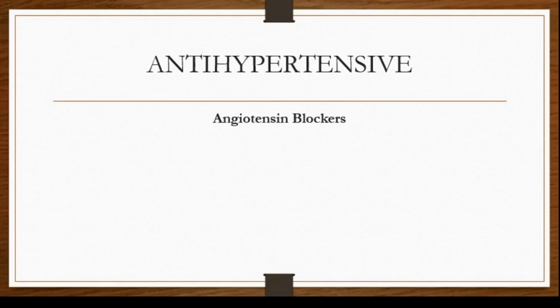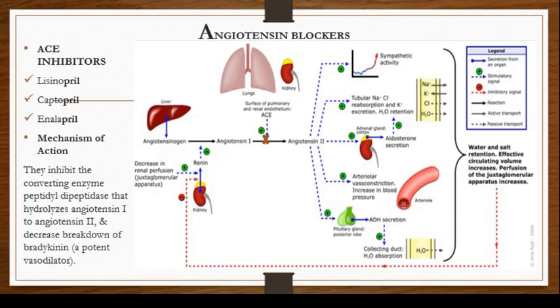direct renin blockers. So, if you watched the previous video, you realize that we described the general mechanism by which the renin angiotensin aldosterone system works to regulate the blood pressure.